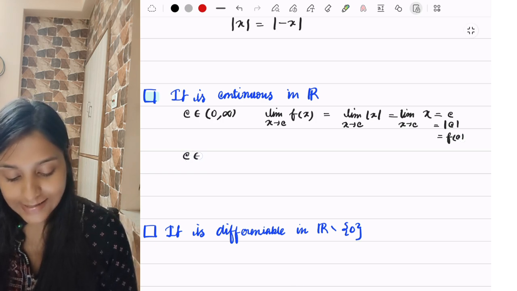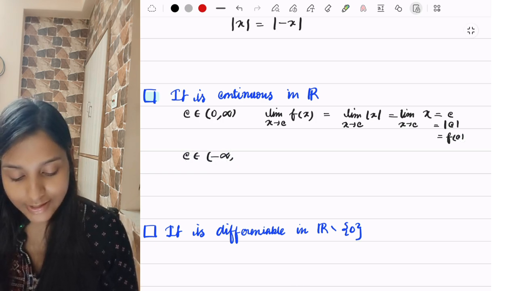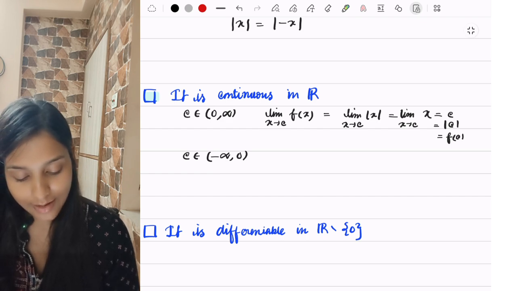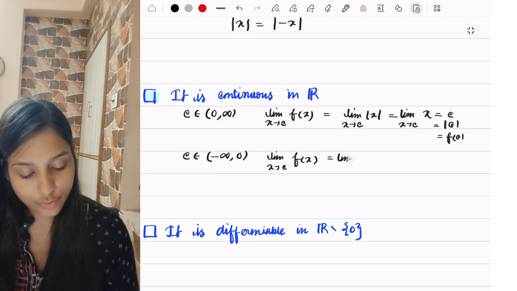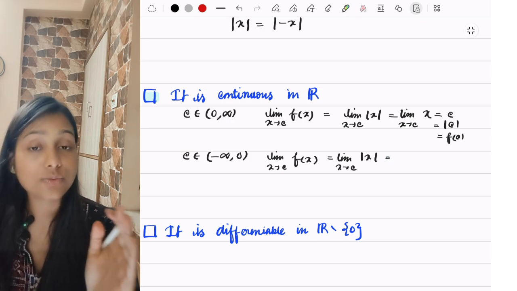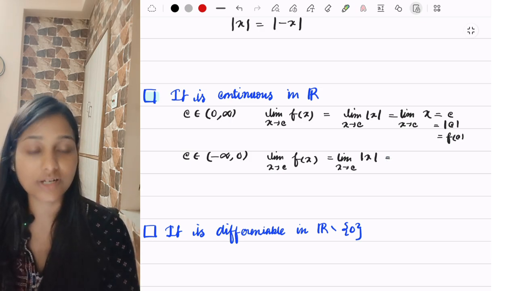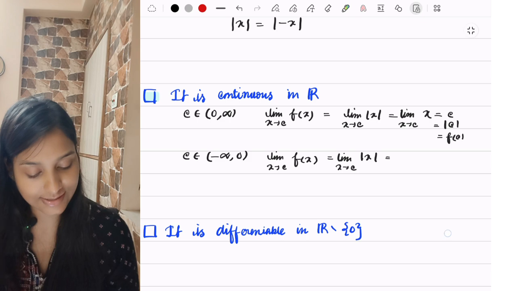Next, when C lies in the minus infinity to 0 part, we have limit x tends to C of f(x). Again, if we put the value, limit x tends to C of mod x. Now, as we are considering the negative part, mod x is minus x.